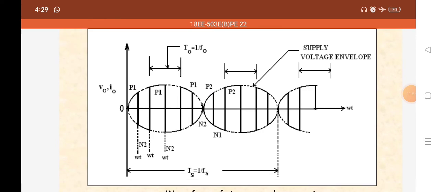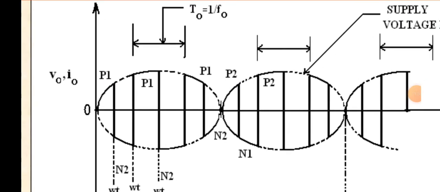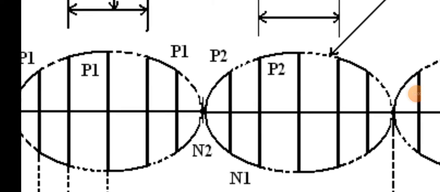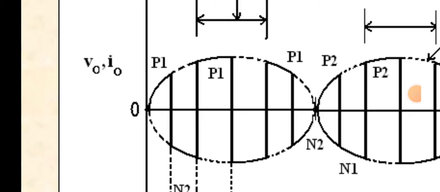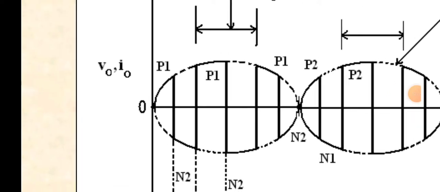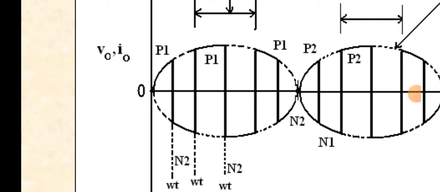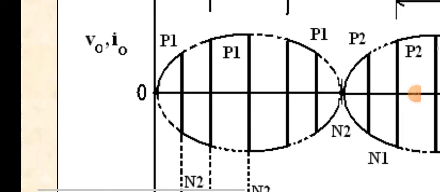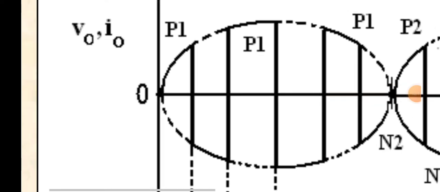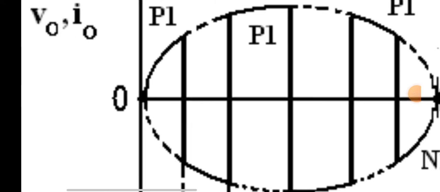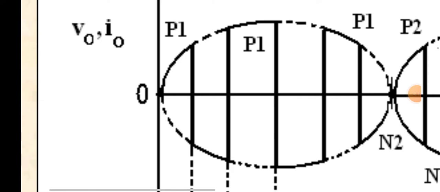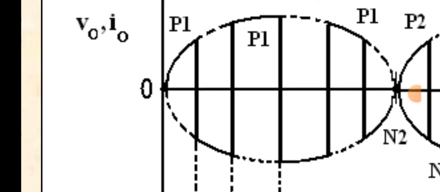In the positive half cycle, the first envelope, this circle oval shape, is called one envelope. In one envelope, P1 and N2 will be conducted. So at omega t is equal to 0, first the positive P1 will be conducted, and it will be forcefully commutated and come to 0.